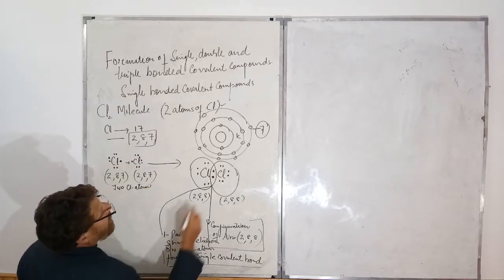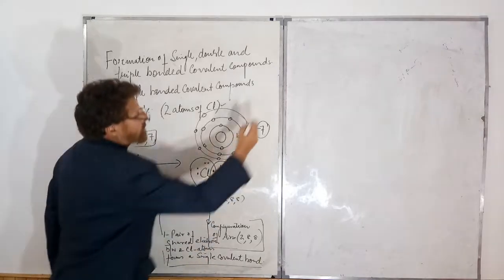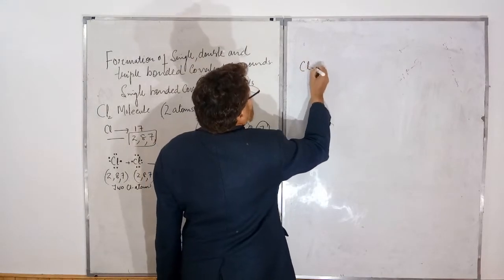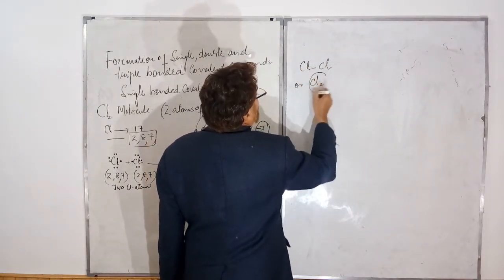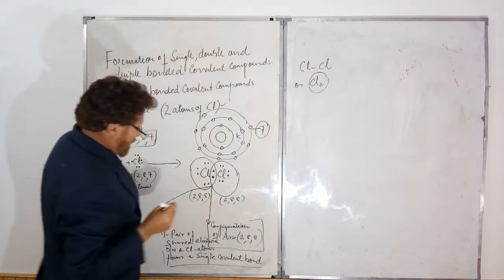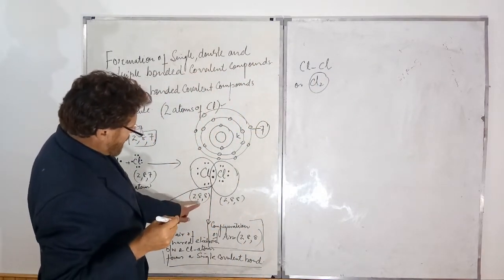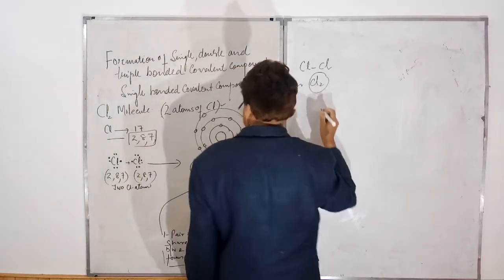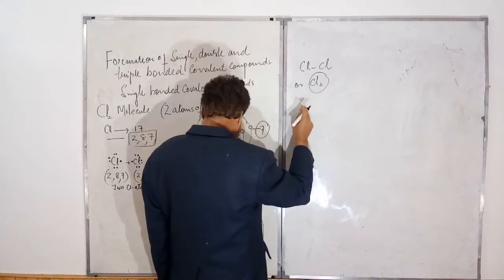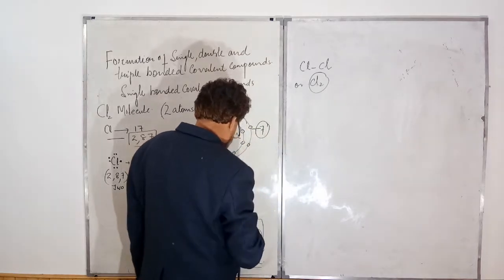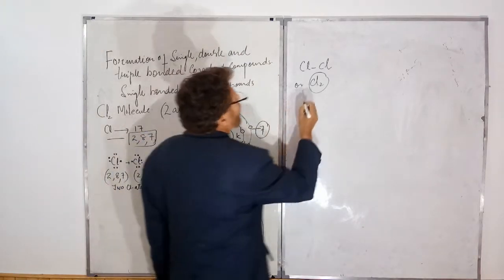We can write this as Cl single bond Cl or Cl2. Here it is now stable because it now has 2, 8, 8. That means it is stable.